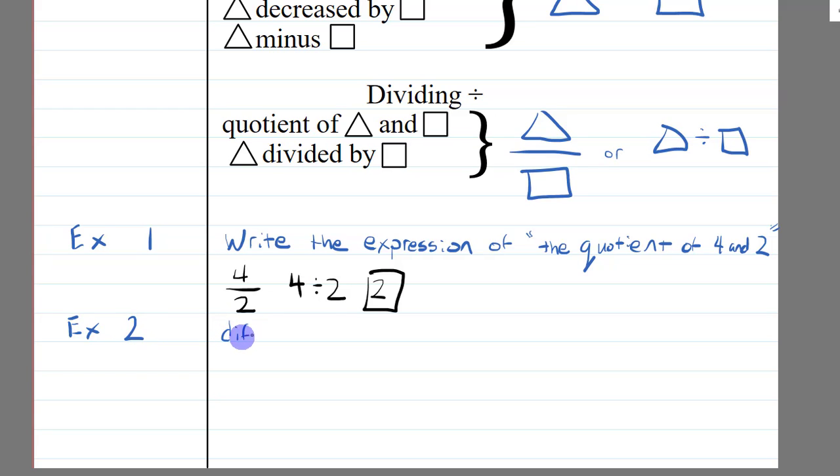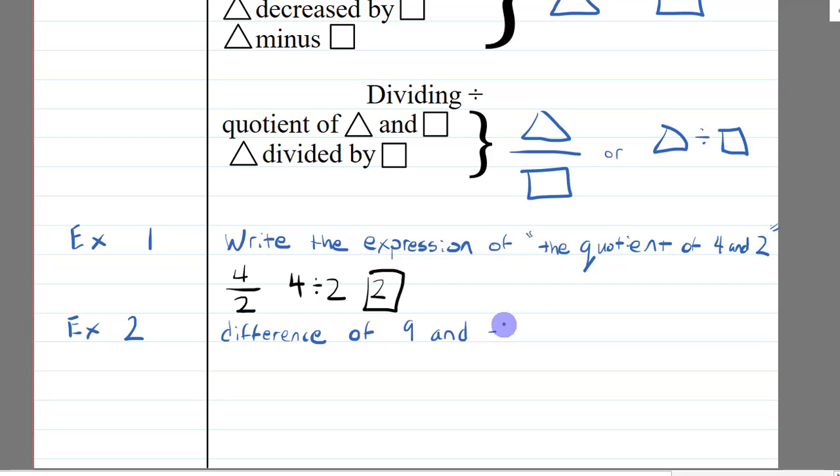Write the difference of 9 and negative 13. Go ahead and try it out. Let me see your work as I walk around.